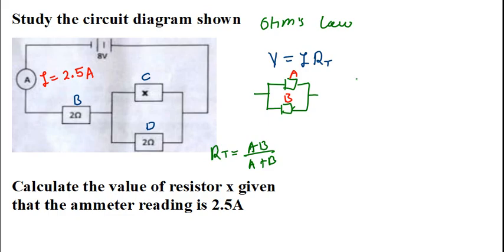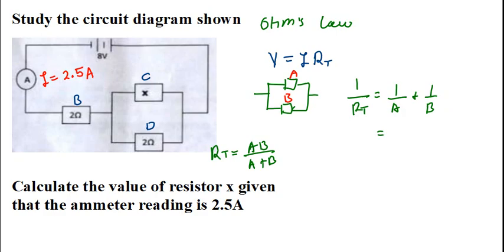So we are saying 1 over total resistance is equal to 1 over A plus 1 over B. Now let me try to make total resistance the subject of the formula. First of all, the easiest thing I can do is to make this a single fraction.